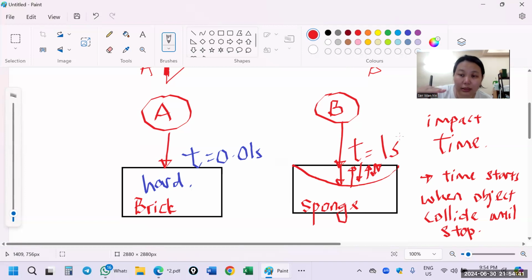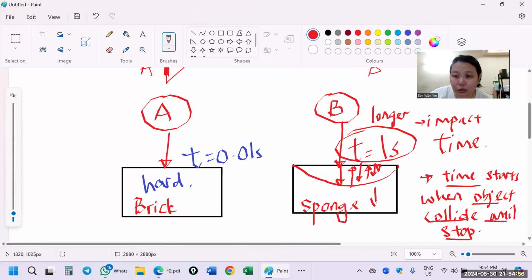The time starts from the object colliding until it stops. So longer impact time means lower impulsive force. But this one is shorter impact time, so higher impulsive force. Understand?